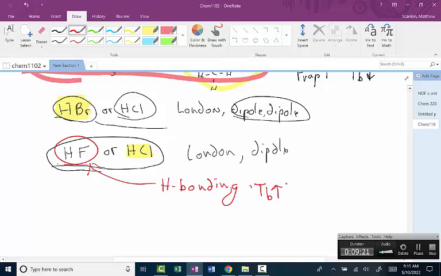T boiling is high, and P vape is low. And I better write it down up here in case I misspoke. In this one, HBr has the stronger intermolecular forces, so T boiling is high and P vape is low relative to each other. That's all there is to it. Okay? Do the homework.